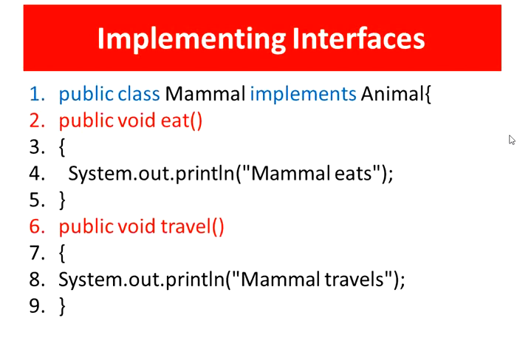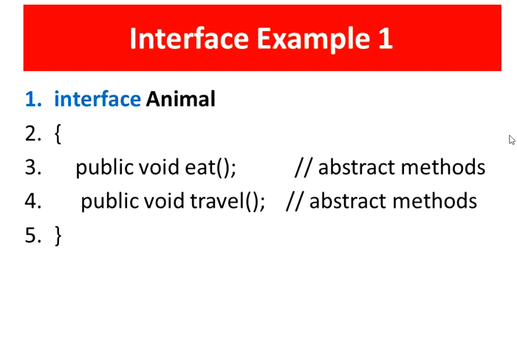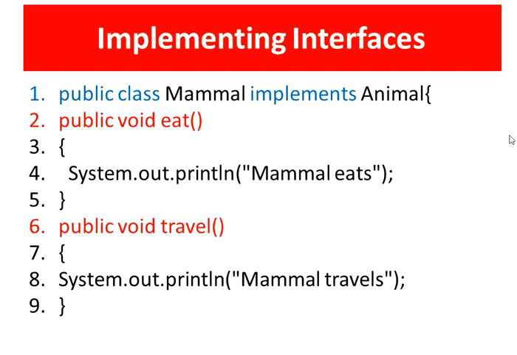Thus we can say that we declared an interface Animal which has eat and travel methods which are abstract in nature, and these two methods are implemented by a class Mammal, and these two methods are displaying the output "Mammal eats" and "Mammal travels".